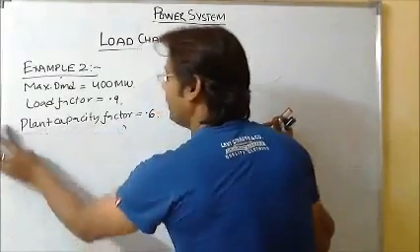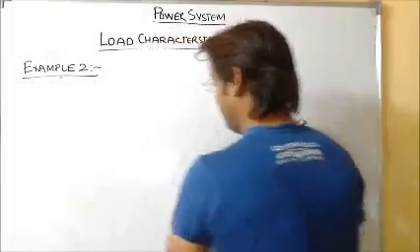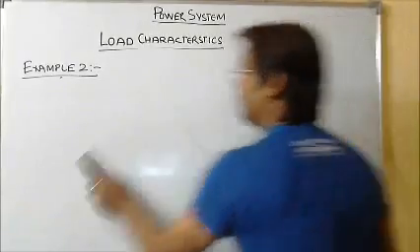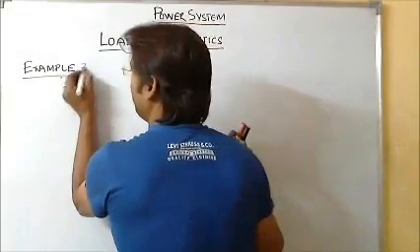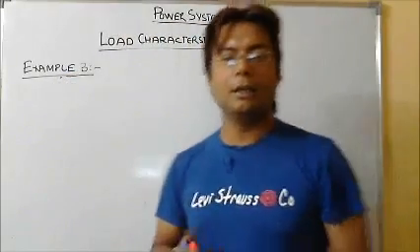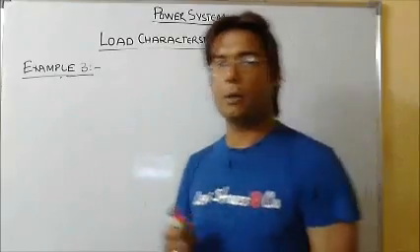We can go for another example, number 3, to understand the plant capacity factor and plant utilization factor. In this, the plant capacity factor is given as 0.5.